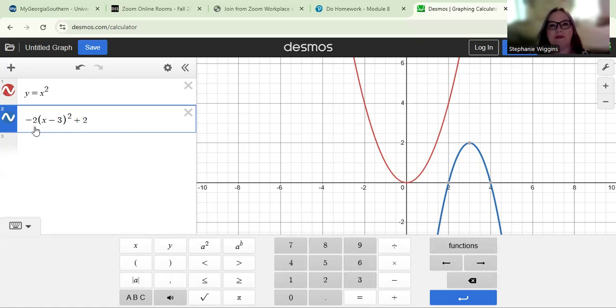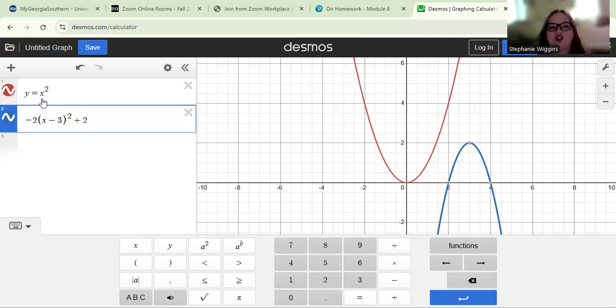Anything that happens on the outside is going to be vertical, and anything that happens on the inside is going to be horizontal. So the negative here is the reflection, and because it's outside the function, it's going to be across the x-axis. So you can see our final function here is a combination of all these different transformations.